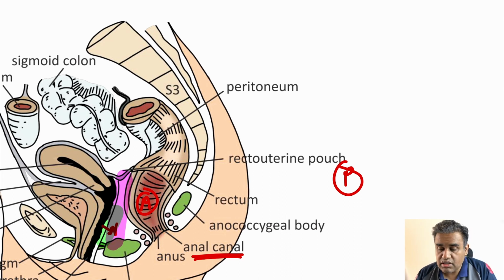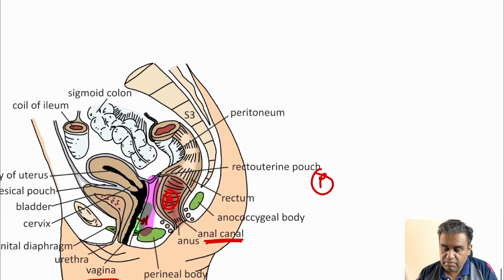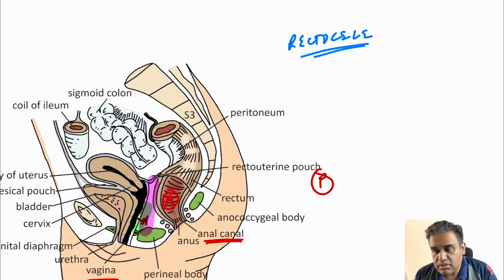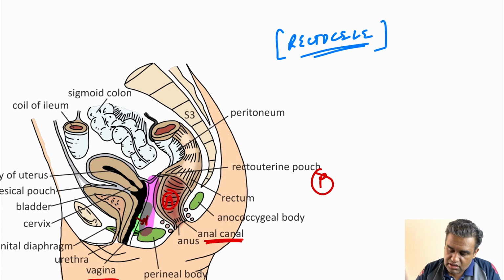In simple words, this is probably a case of rectocele, a prolapse of the anterior wall of the rectum through the vaginal wall. So it could be a case of rectocele, right? That is leading to all these problems. The rectocele is between the rectum and the vagina. That is the fascia over here, and this is the rectovaginal fascia.